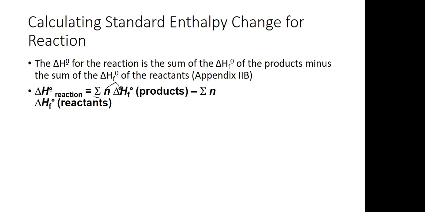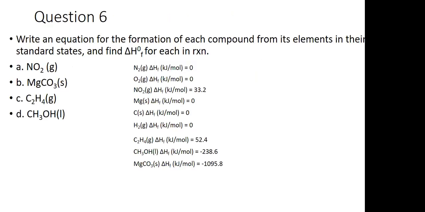All right. So in A, I'm going to do A for us. Question 6 is, I want us to write an equation for the formation of each compound from their elements in their standard state and find delta H of formation for each reaction.